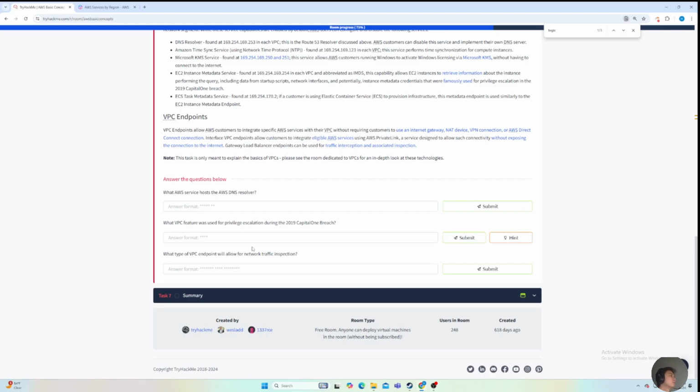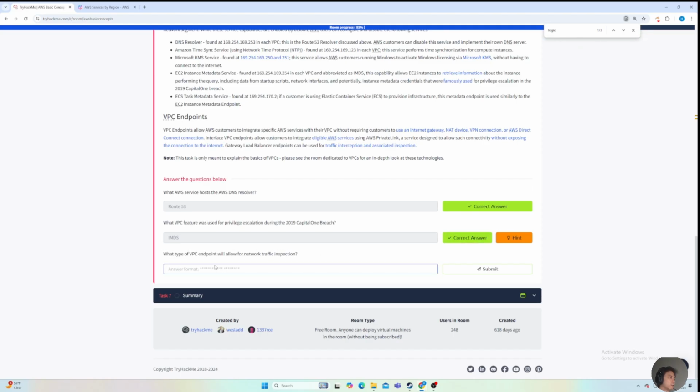Okay. What AWS service hosts the AWS DNS resolver? That's Route 53. What VPC feature was used for privilege escalation during the 2019 attack? The Instance Metadata Service. What type of VPC endpoint will allow for all network traffic inspection?